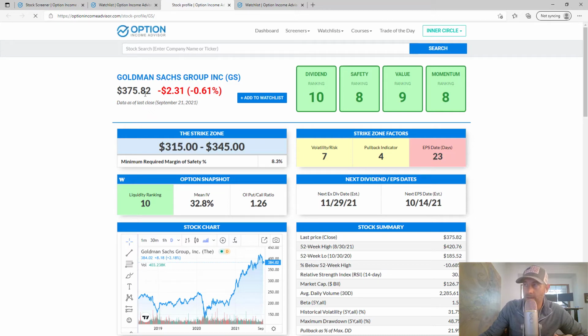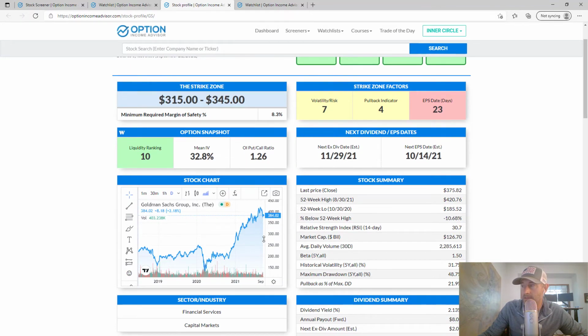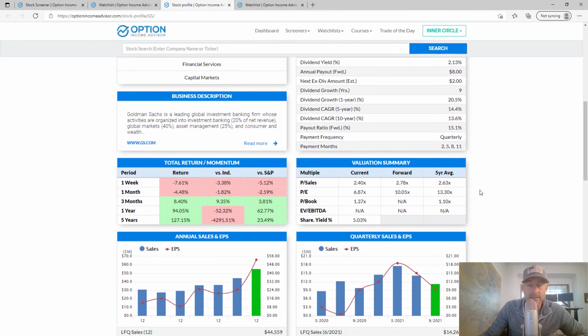It is an expensive stock from a stock price standpoint, trading at almost $400 a share, and it's not too far off its peak. It's had quite a good run, as the stock chart shows. But again, this is one that I think you could probably sell a put on, and I think it makes sense from that perspective.